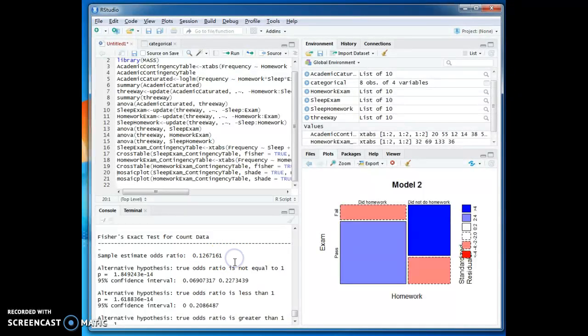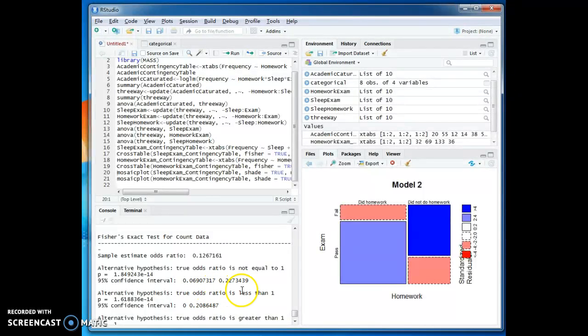We also want to use these odds ratios. We take 1 divided by this value, and we get 7.7 times lower if the student did not do their homework.